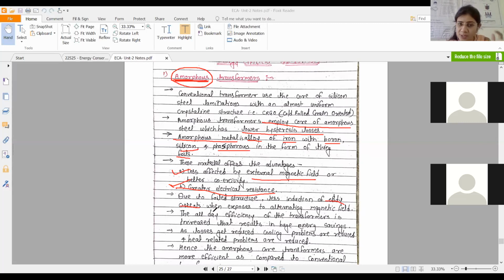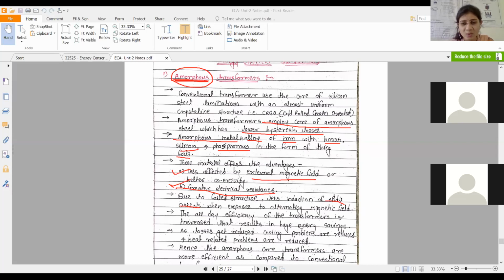All-day efficiency म्हणजे overall efficiency of the transformer ज्या काही ड्युरेशन साठी ट्रान्सफॉर्मर रनिंग कंडिशनला आहे, so for that duration the overall efficiency of the transformer will be increased, and therefore obviously if the efficiency of the transformer is increased, then it will be responsible for the less losses.